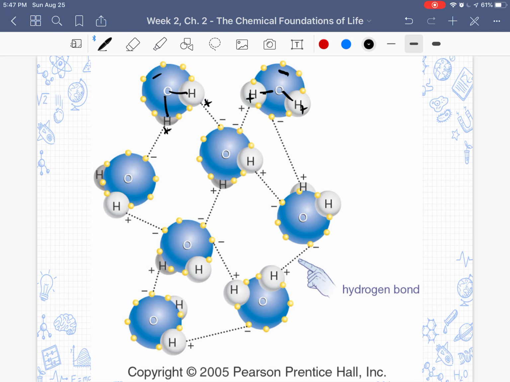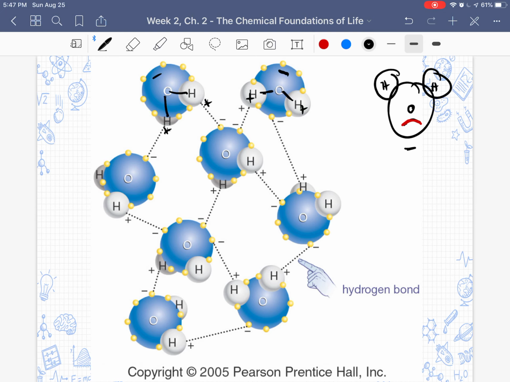You can think of it like a sad Mickey Mouse, right? So there's your Mickey Mouse. Your face or your nose is your oxygen, and then your ears are your hydrogens. And it's a sad Mickey Mouse. Maybe Disney World's closed today, or maybe Minnie Mouse is on vacation and he's getting lonely. Who knows? But he's sad.